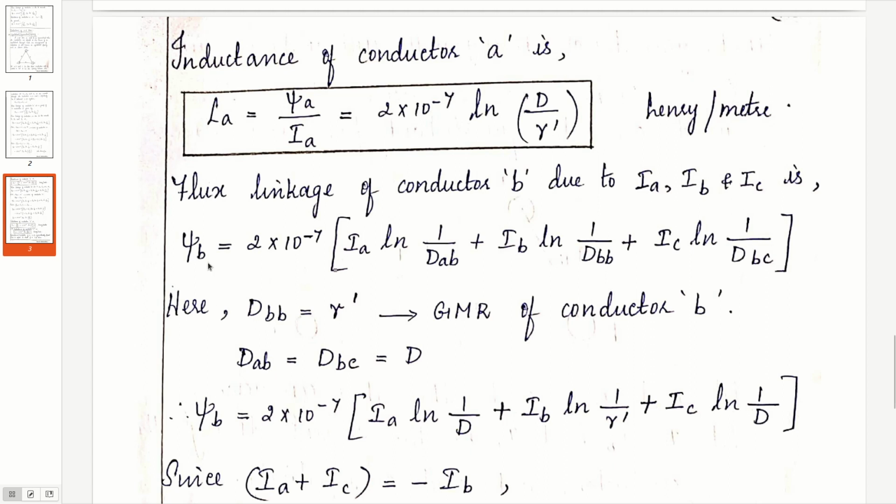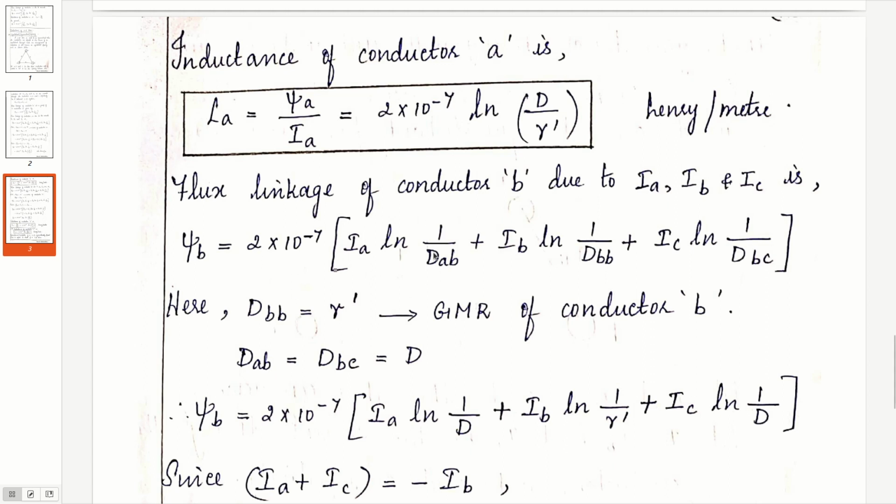So psi B. So now your conductor number N is B, and P is equal to A, B, C. So now 2 into 10 to the power minus 7.